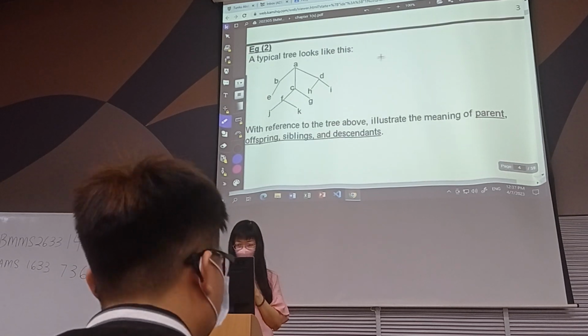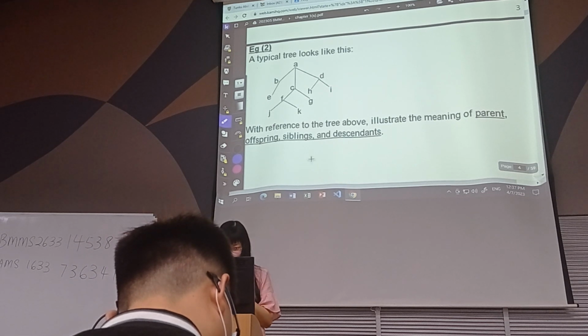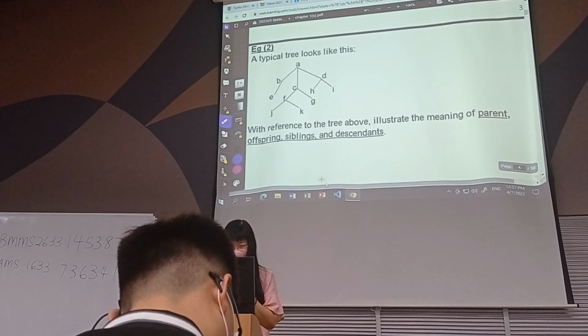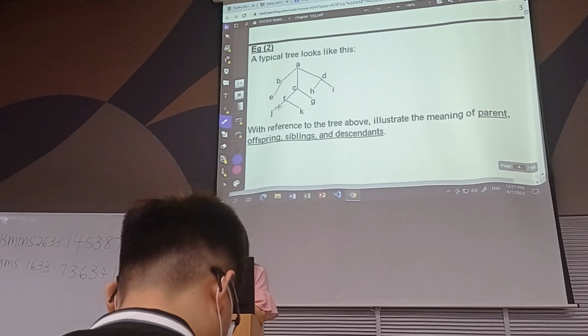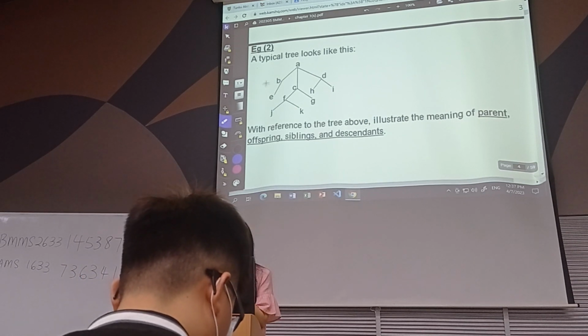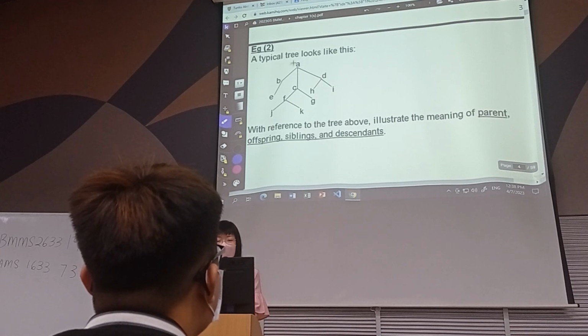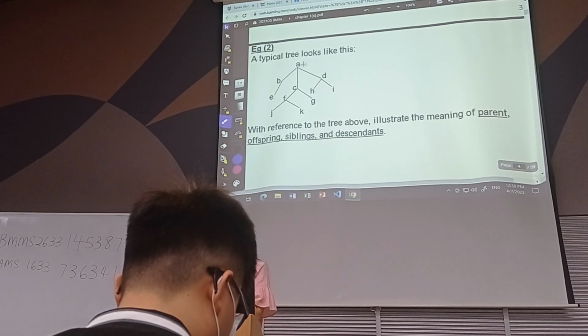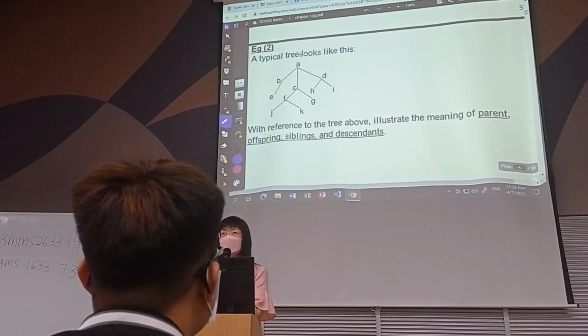Next one, this is the tree where we can have the level of all the vertices like this. Now we want to see what is the relationship when we label it like this. Actually, this is like the relation in a family also. The top one, you can say it is a parent.